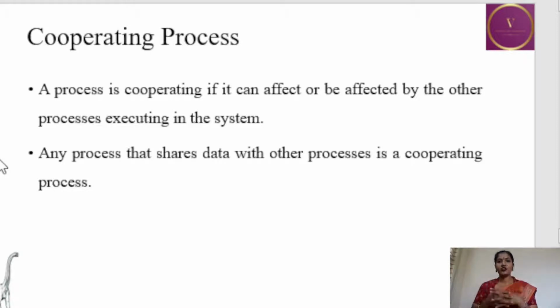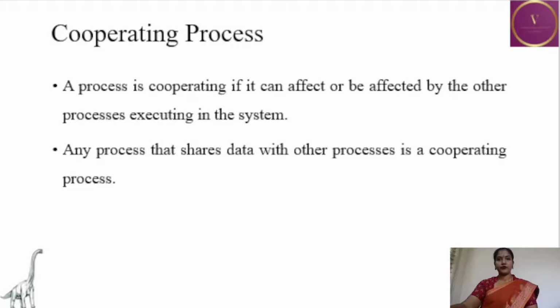Such processes we call cooperating processes. If one process is sharing data with another process, it means that the process can be affected by the process with which it is sharing its data. In the same way, if two processes are sharing data, those two processes can be affecting each other.